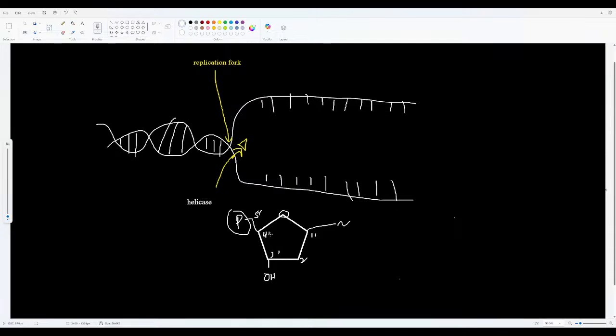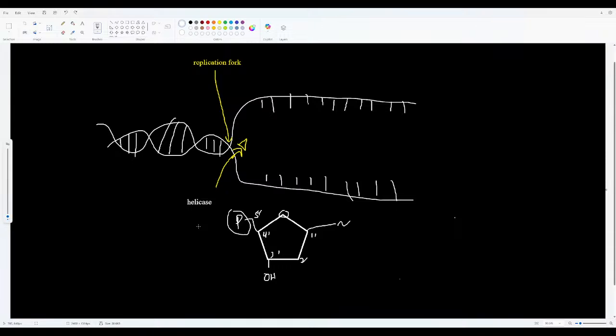If you ever hear 5' or 3', that's what's meant here, right? So this 3' hydroxyl group really loves to react with things. This 5' group does not like to react with things. So with that in mind, when we're adding nucleotides, we're always going to add to the 3' end.